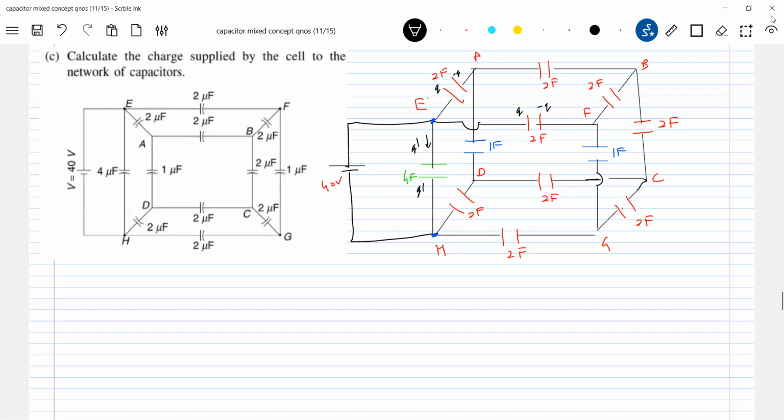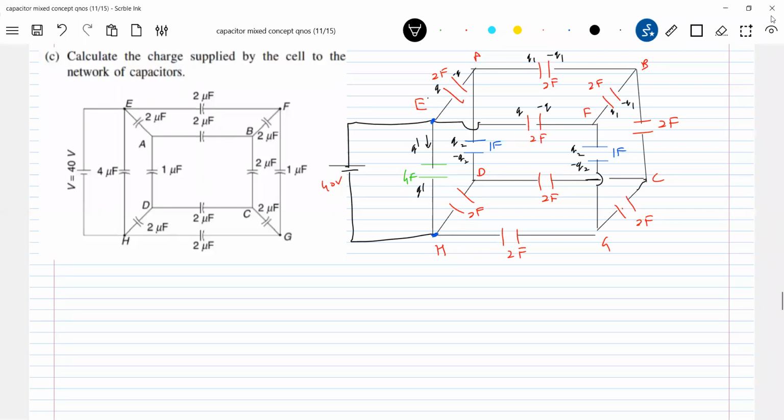This charge Q, will it divide equally here? No, 2 farad and 1 farad is there. So let me write it as Q1 minus Q1, Q2 minus Q2. I'm writing in small fonts. You can magnify in your mobile. It'll be like this. So similarly, this will branch out Q1 minus Q1, Q2 minus Q2.